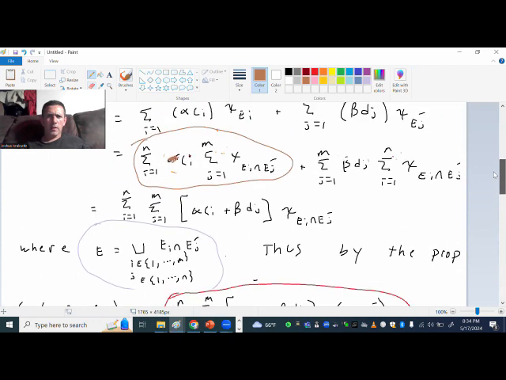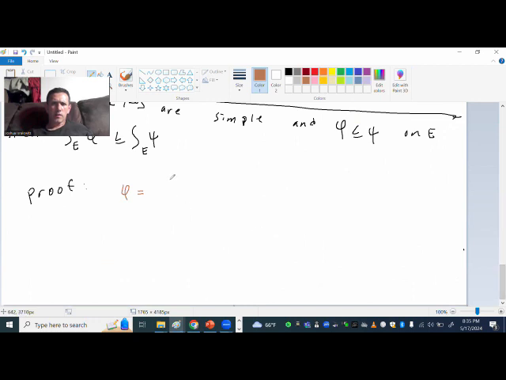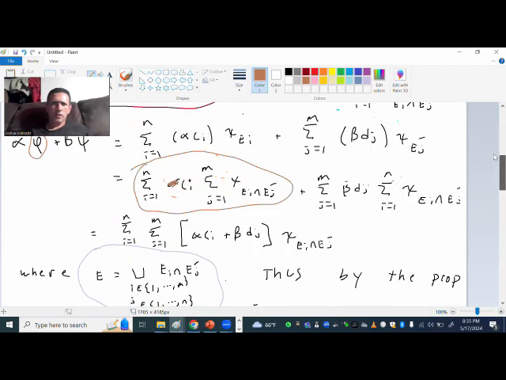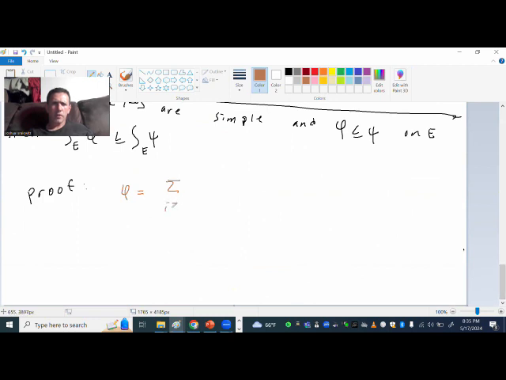So I'm going to combine this, var phi rather, into one sum, i equals 1 to n, j equals 1 to m. So it's c_i times the characteristic function of E_i intersect E_j prime.